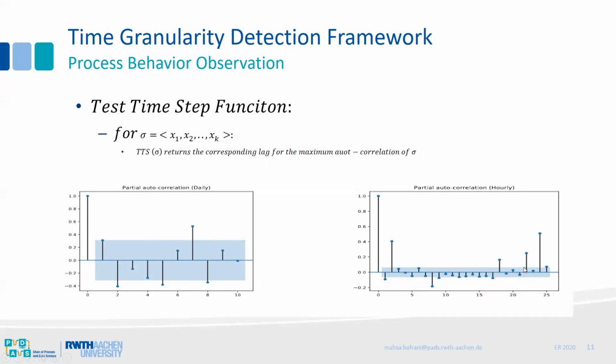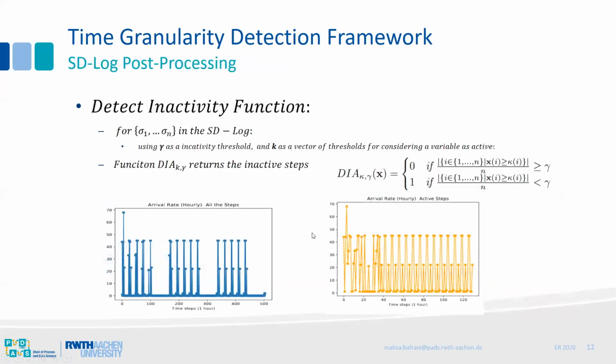If we look at the other diagram, which is hourly, we can see that every 24 hours we have a strong correlation in the arrival rate of the data. The test time step function will show us which of these patterns are the strong patterns. Using these patterns and the detect inactivity function, we define which steps are actually inactive. Sometimes in the processes, we have arrival rates like these, which are the registrations on our website.